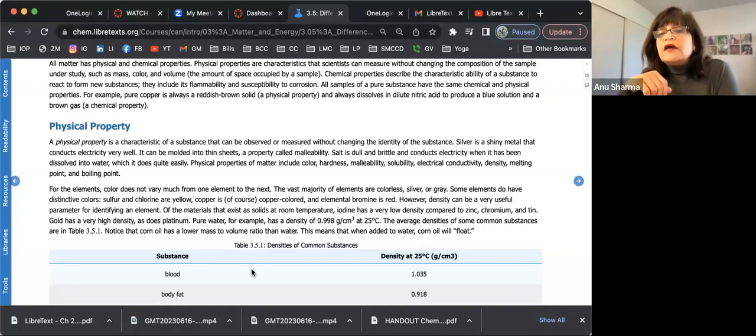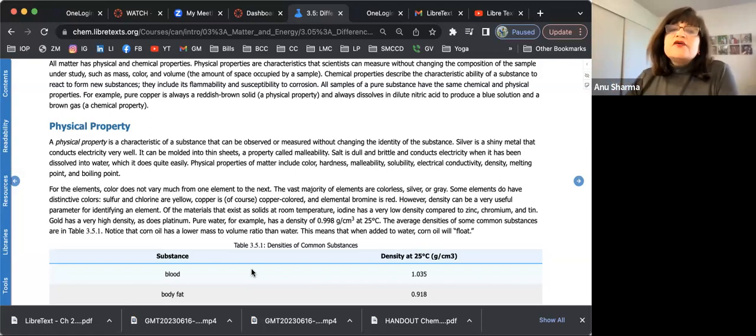Tasting, hearing, smelling, touching, seeing, the colors, whether it's a solid, liquid, or gas. Next is the density, specific gravity, specific heat of a substance, then boiling point, melting point, and the freezing point.